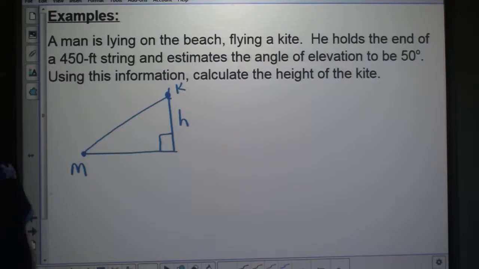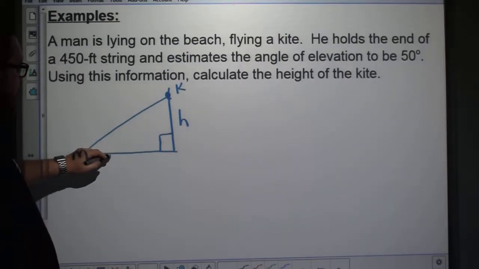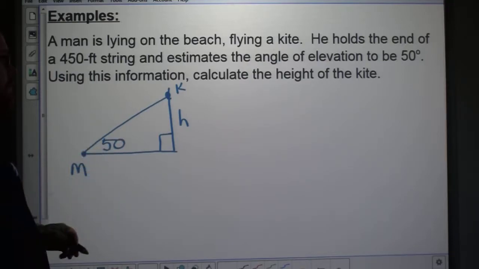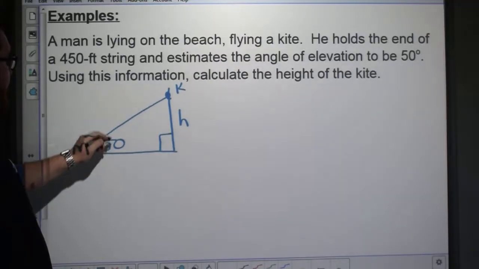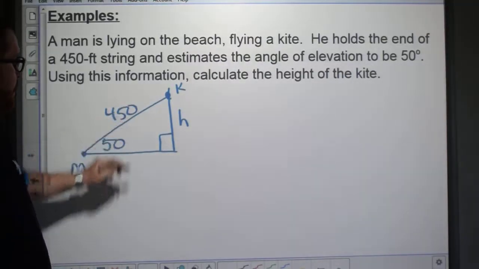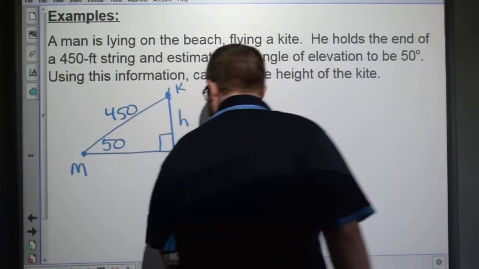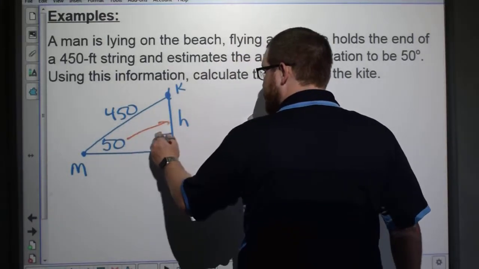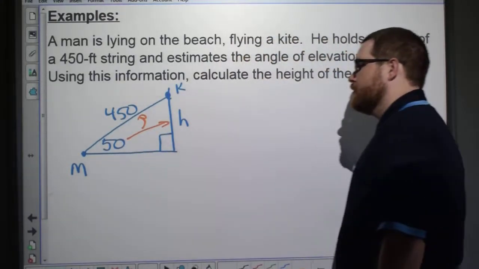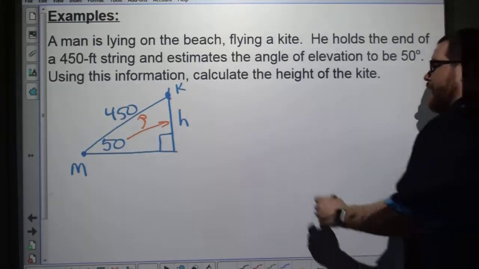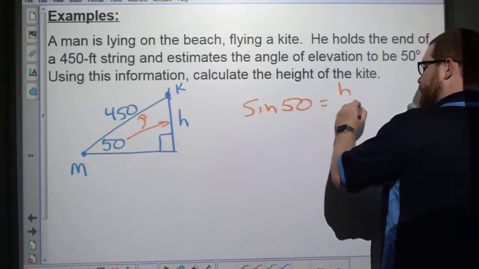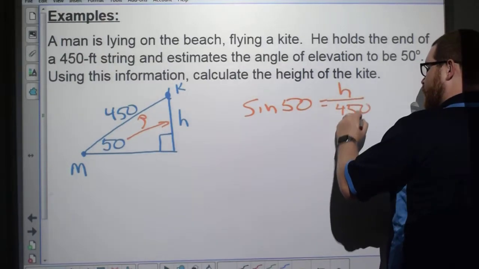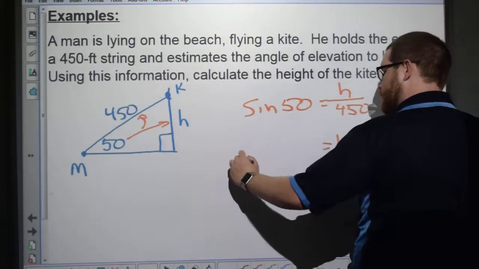Let's fill in some other information I know. I know that the angle of elevation, so from the ground up, is 50. And I know the kite string, which is the string connecting the man and the kite, is 450. So let's see what relationship I have. Again, I have the opposite and the hypotenuse, so again, it's sine. Not a hard problem, just multiply the 450 to the other side.